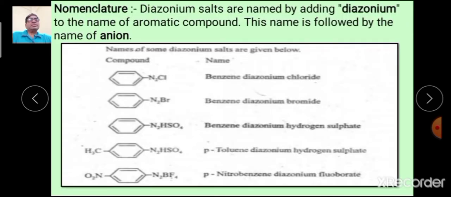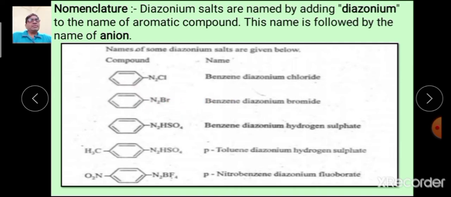Now, how are the diazonium salts named? They are named by adding the word diazonium to the name of the aromatic compound, and it is followed by the name of the anion. For example, this is a benzene compound, this is a diazonium chloride, therefore the name is benzene diazonium chloride. Second one is benzene diazonium bromide.